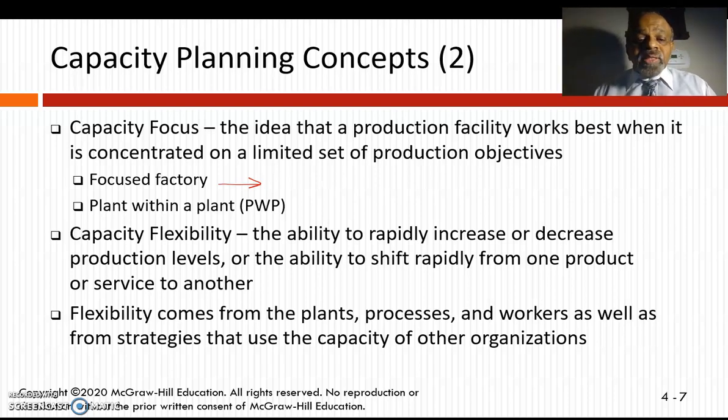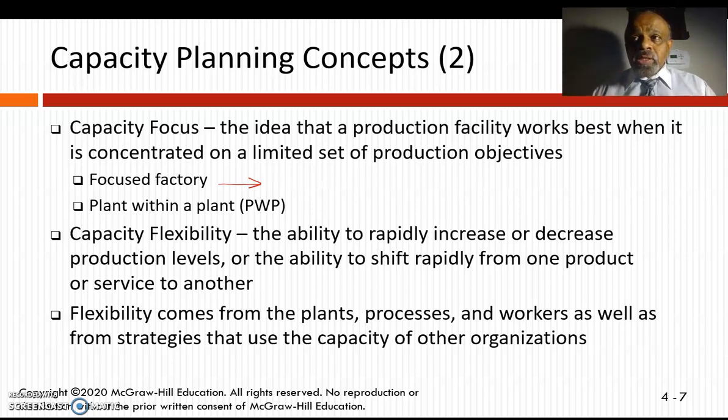A plant within a plant is another concept which a lot of companies are working with. A plant within a plant means that, let's say in Ford, they're going to have two different models of Ford. And each model is a plant, and both these plants for the two models are housed in the same plant.